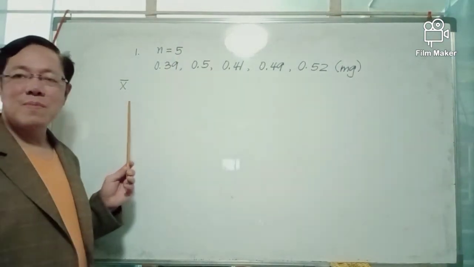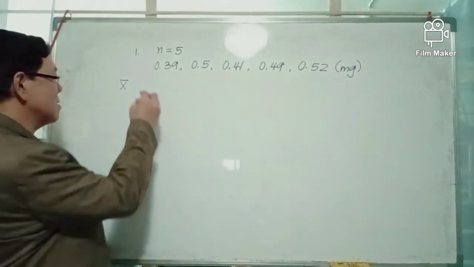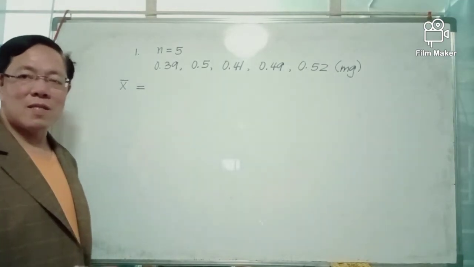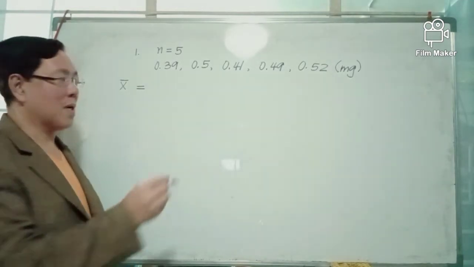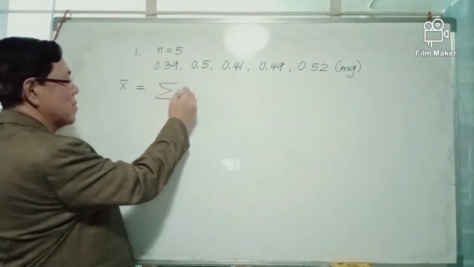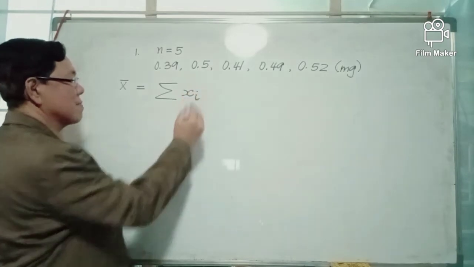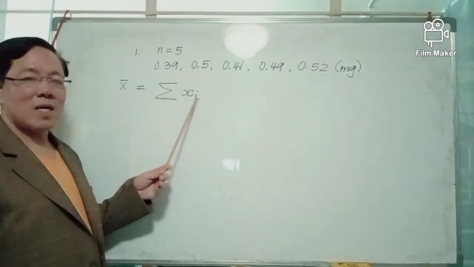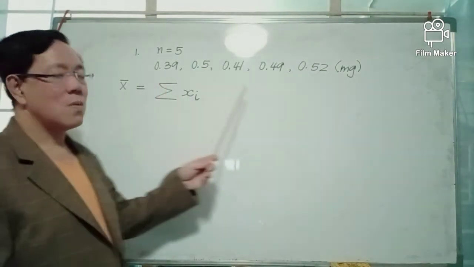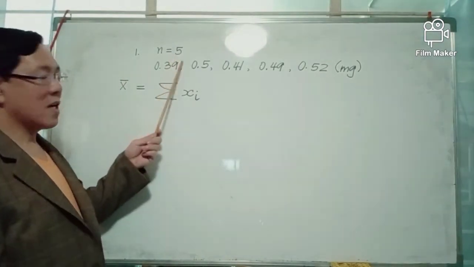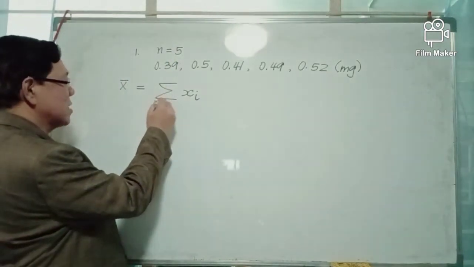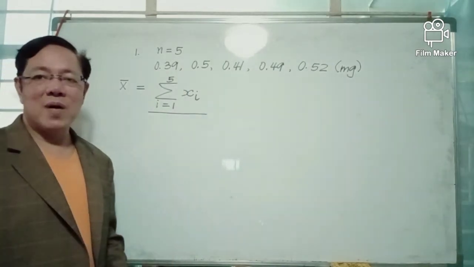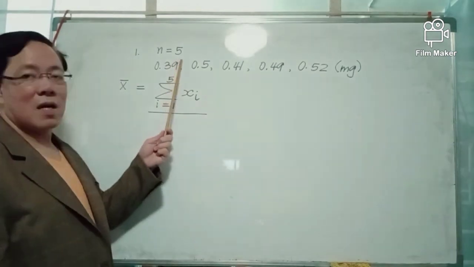The summation of these values is indicated by the Greek letter sigma, summation of x sub i, where x sub i are the values given, where the subscript i in this example goes from 1 to 5, where 5 is the sample size. We write i is 1 to 5. And the sum of the 5 values is divided by the sample size, 5.